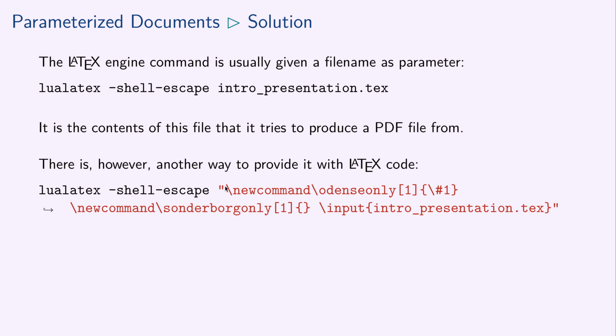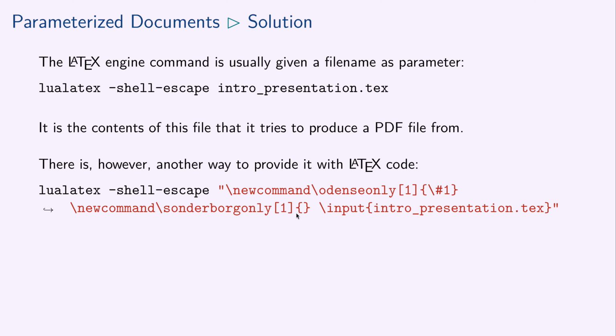So these two commands are made in such a way that one of them, here, Odense, takes the one parameter it gets and essentially just pipes it through. Doesn't do anything with it. And the other command drops whatever it gets. Whatever parameter it gets, it just drops it. Doesn't do anything with it.